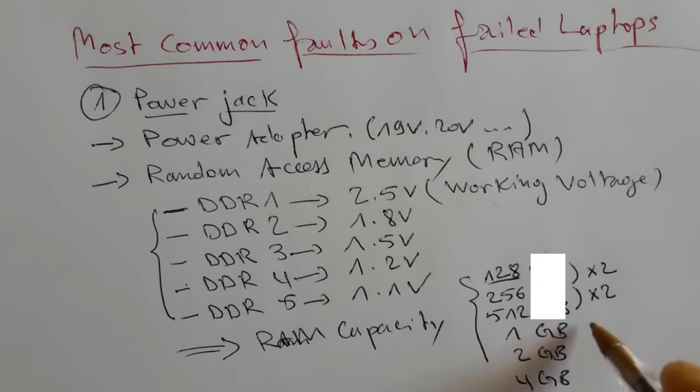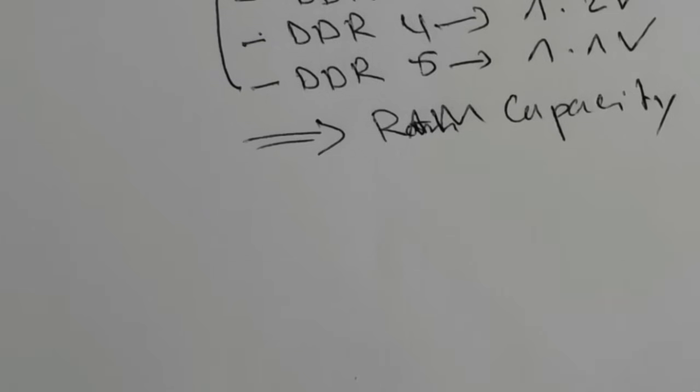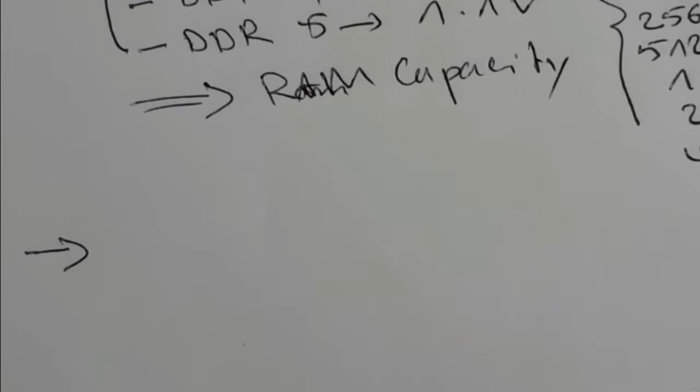Always you multiply by 2. Okay, so this is just an overview about the RAM types and capacities.